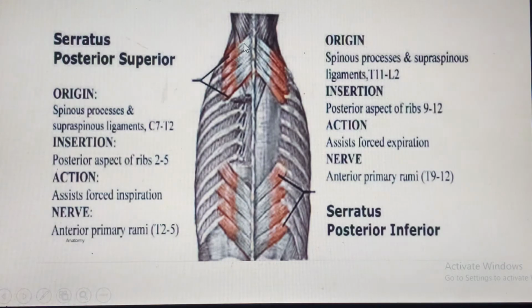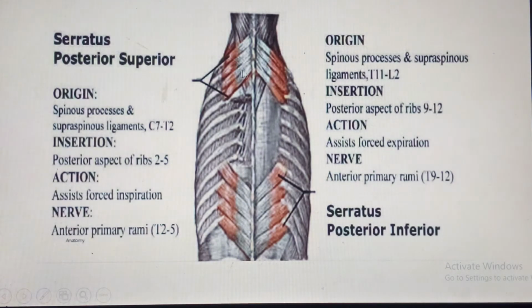They form four fiber slips, and that's what we are going to see. They insert on the external surfaces of the posterior aspect of ribs 2 all the way to rib 5. So that's how they insert: ribs 2 to 5.